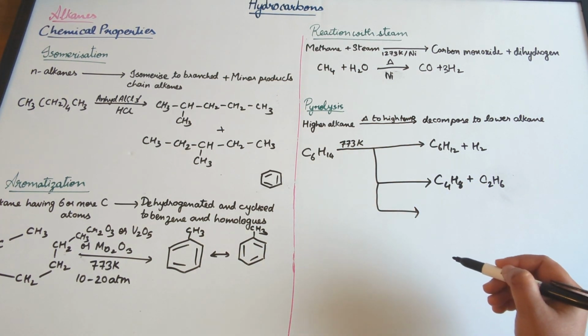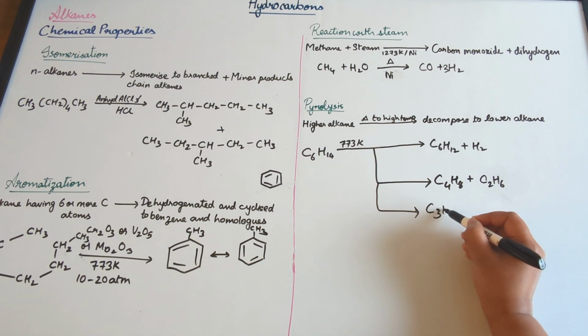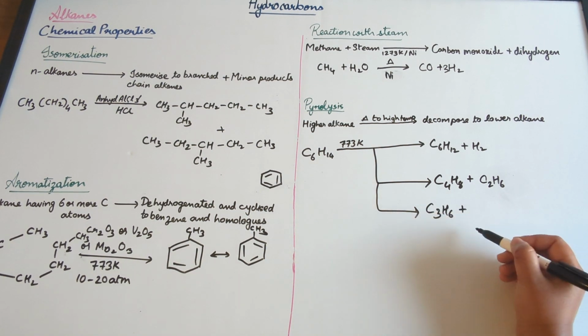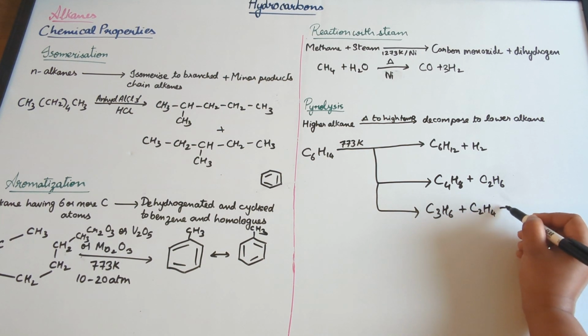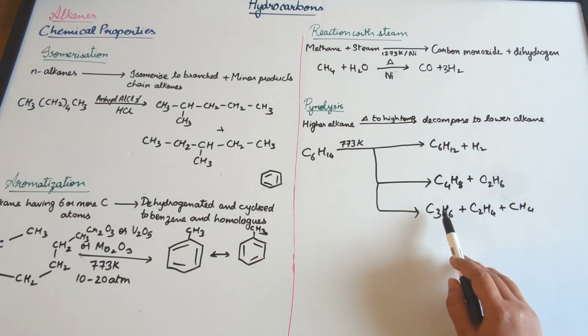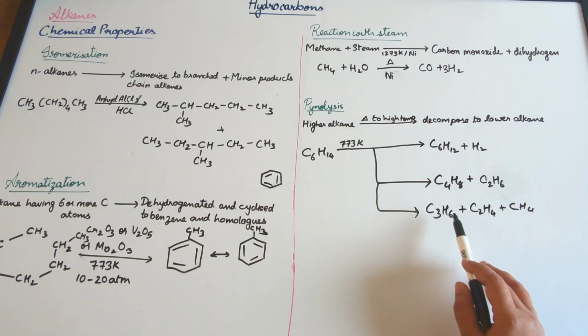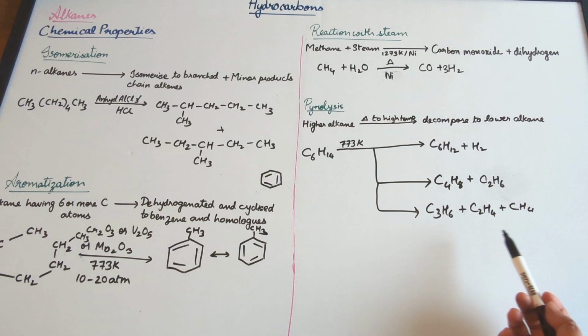It can also give us C3H6 and C2H4 and CH4. So here we're getting an alkene, no, sorry, not an alkyne, 2 alkenes, and then methane, basically.